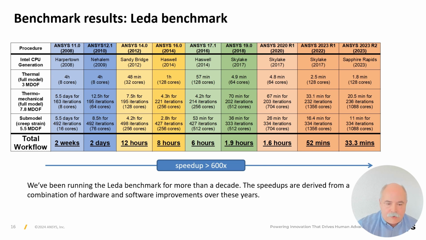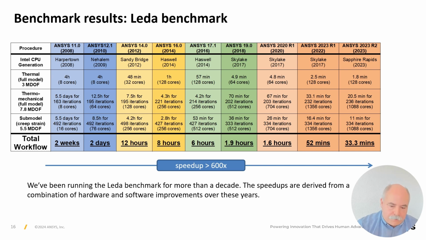And in the upcoming years, going from 2008 to 2023 and changing both the hardware platform and the number of available cores to do that simulation, we have been able to speed up that simulation from 2 weeks to about half an hour. So this is a speed up of around a factor of 600.